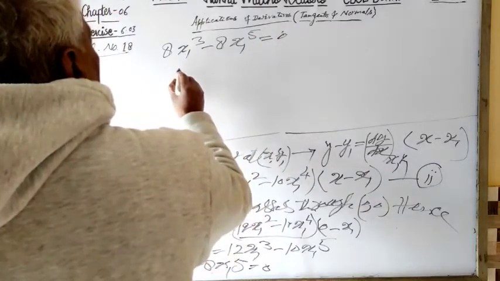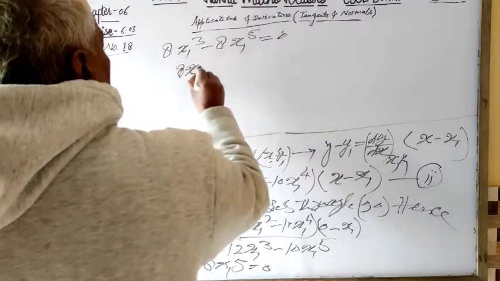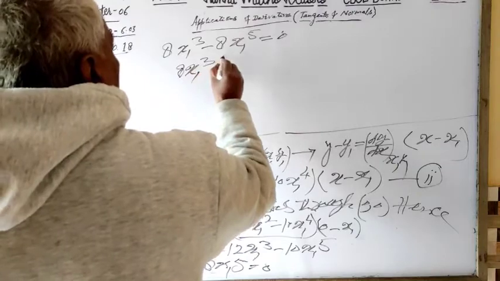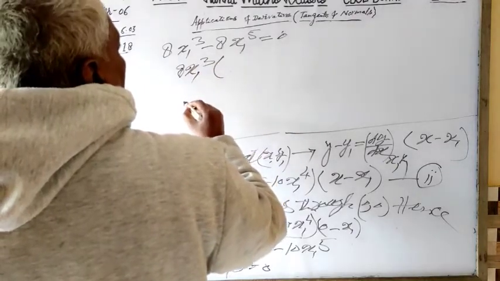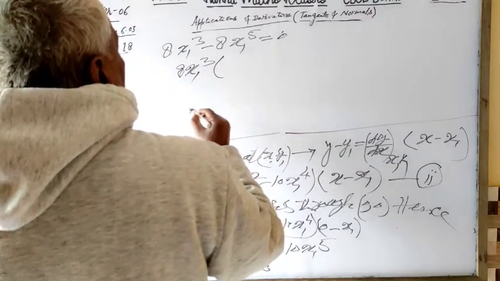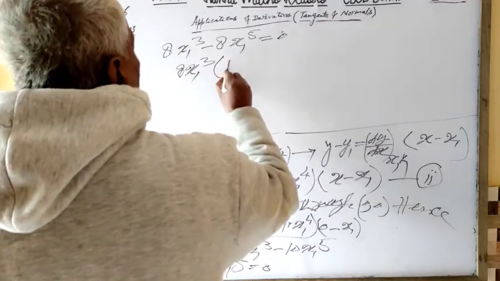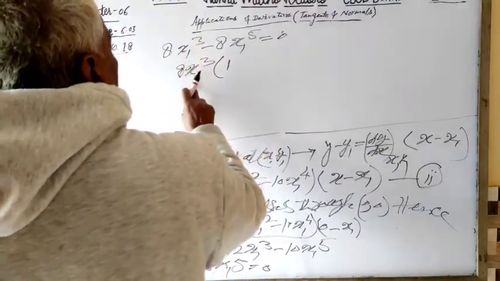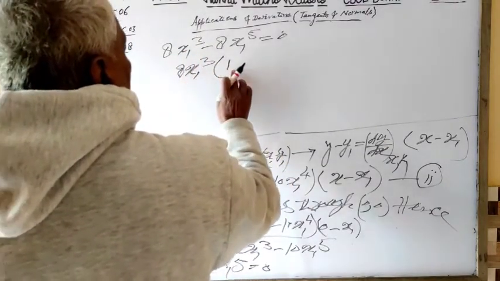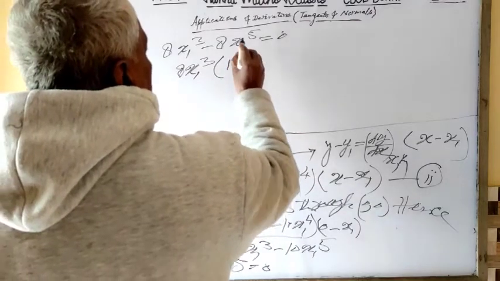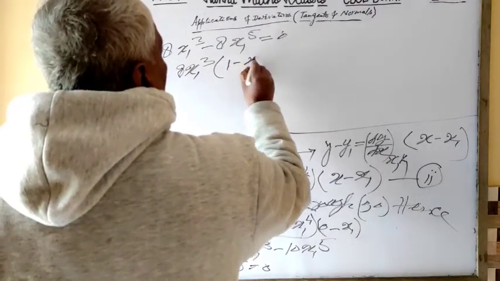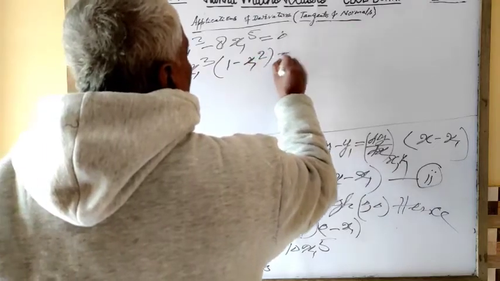Taking 8x1 cube as common, this will be 8x1 cube into 1 minus x1 square is equal to 0.